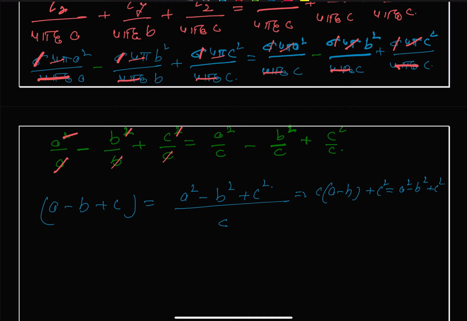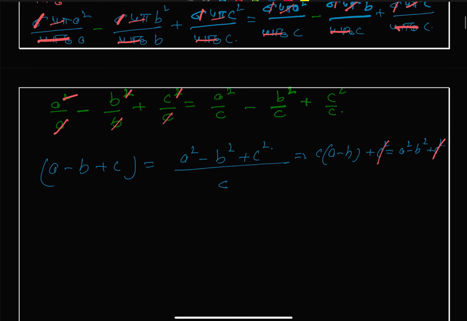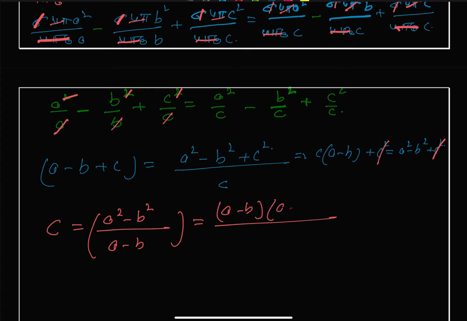So this C square and C square cancel out, and we get C is equal to A square minus B square divided by A minus B. We can just open the numerator, A minus B into A plus B divided by A minus B. Here A minus B goes away.